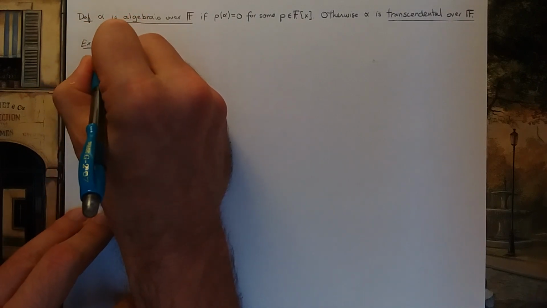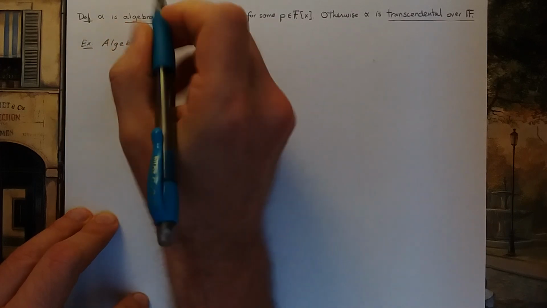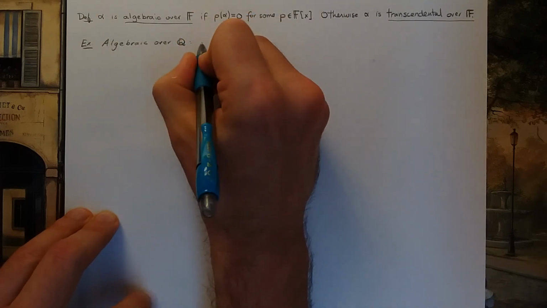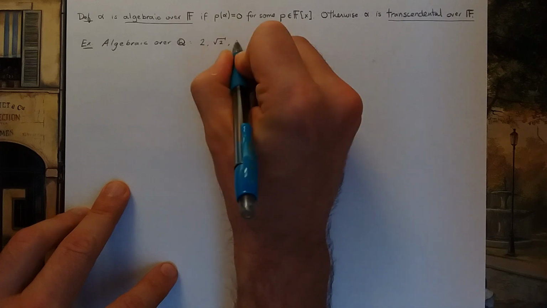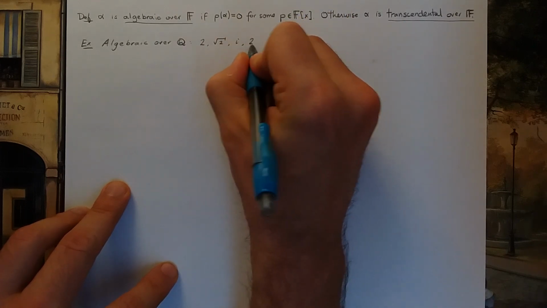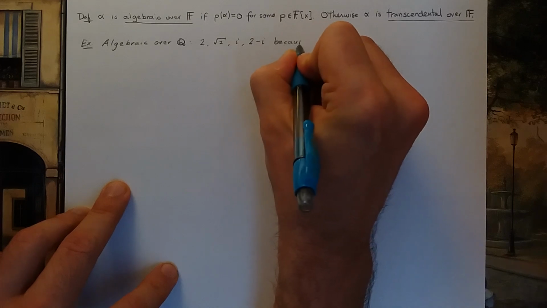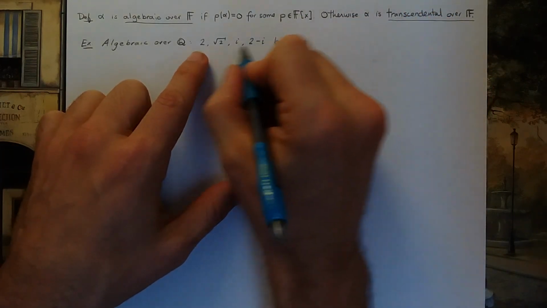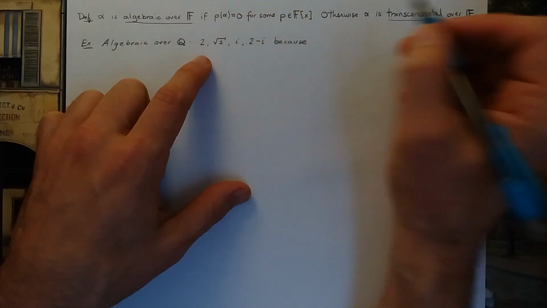Here are some algebraic numbers over the rationals. So I could do 2, square root of 2, i, and even 2 minus i. These are all algebraic over the rationals because I could find polynomials with rational coefficients that have these as roots.